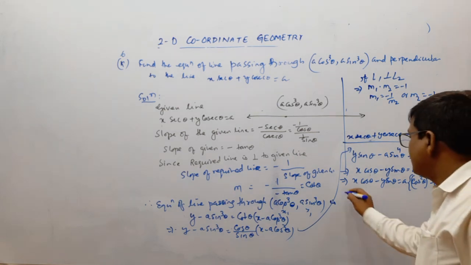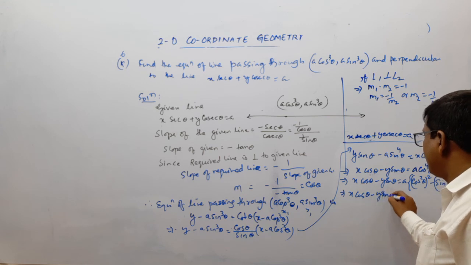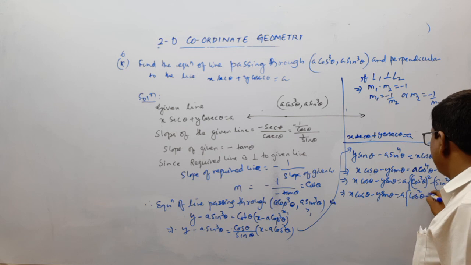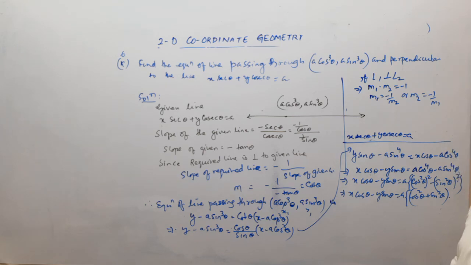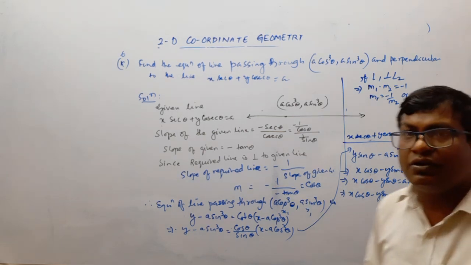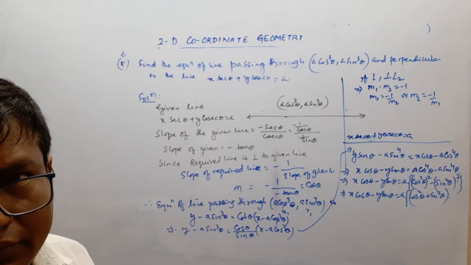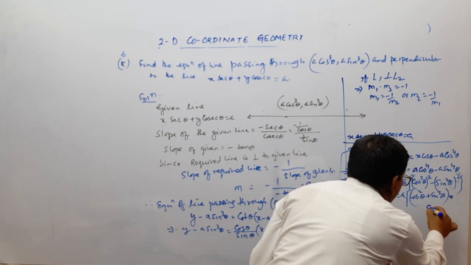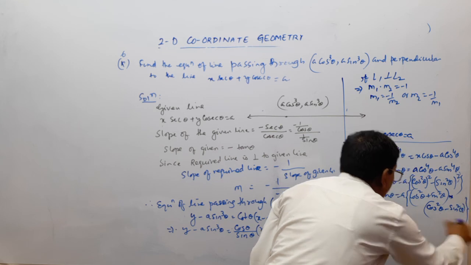Now this is equal to x cos θ minus y sin θ, a common, into cos²θ plus sin²θ into cos²θ minus sin²θ. Clear?